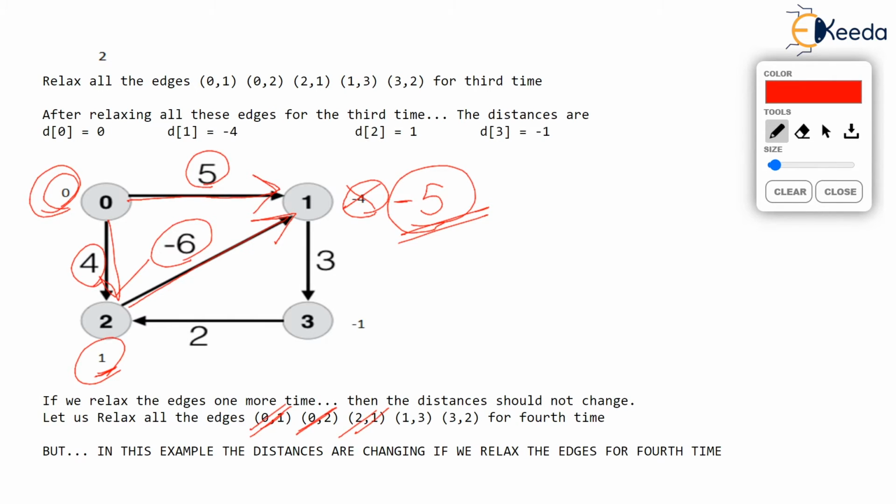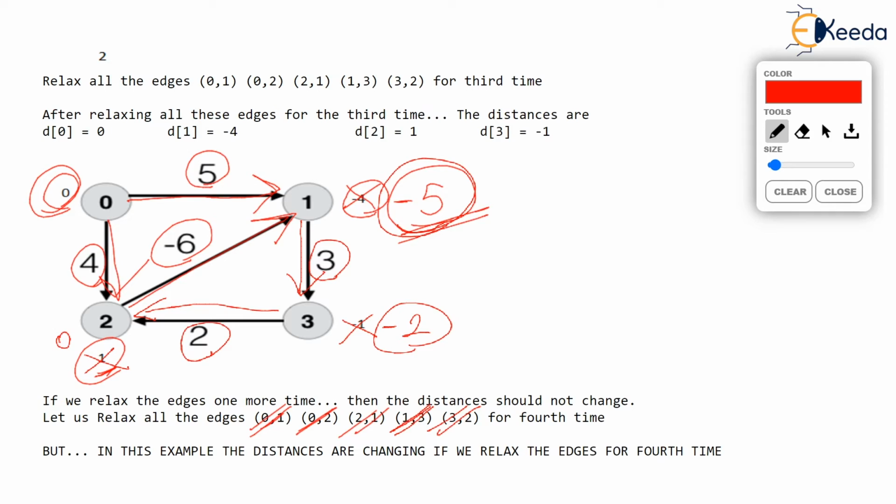Let's continue. Let's do 1 comma 3, the next edge. It will be relaxed by using minus 5 plus 3, which is minus 2, and vertex 3 is at minus 1, so it gets updated to minus 2. And finally 3 comma 2 will be relaxed by using minus 2 plus 2, which is 0, and vertex 2 is at distance of 1, so it will get updated to 0.